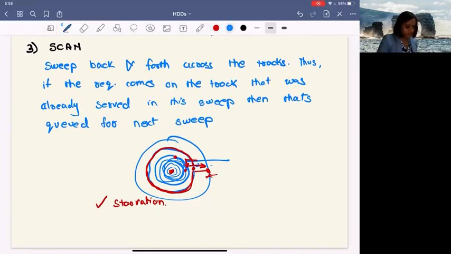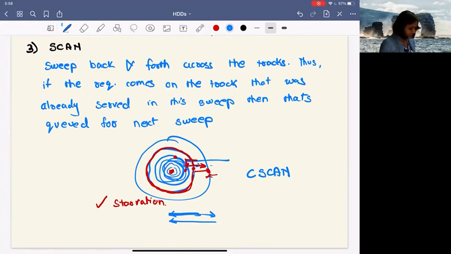People invented different variants of SCAN. One of the popular variants is C-SCAN, where again, a very basic intuitive idea: rather than going from inside to outside and then outside to inside, let's just do a circular scan.